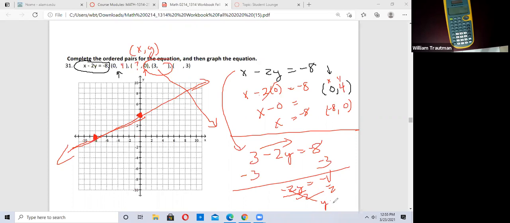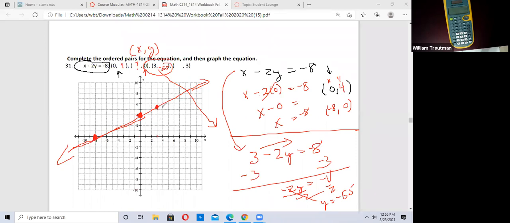And y equals -11 divided by -2, which is, I'm going to use the decimal, 5.5. So when we put a 3 in the x, we get 5.5. X is 3, y is 5.5, right there.